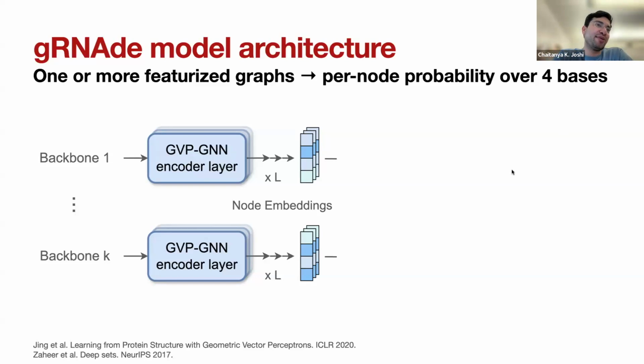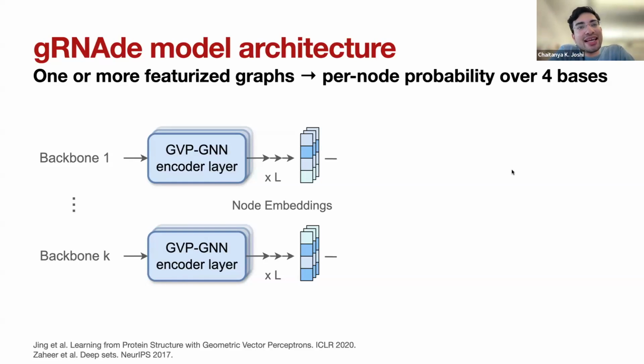We have multiple states because we want to design functions which are due to multiple states, and we encode each state with a GNN. Of course, these GNNs are equivariant to 3D rotations; I'll talk about that soon. They independently encode each of the backbones.